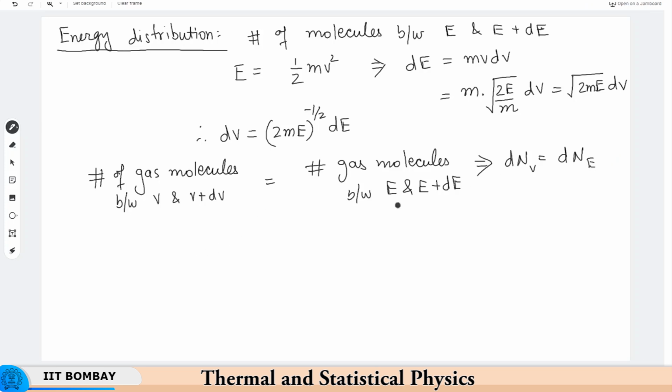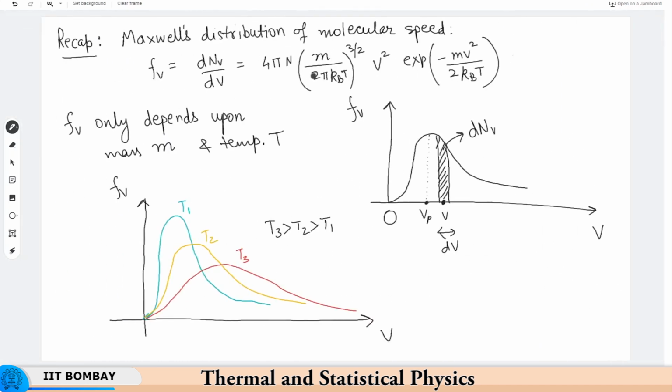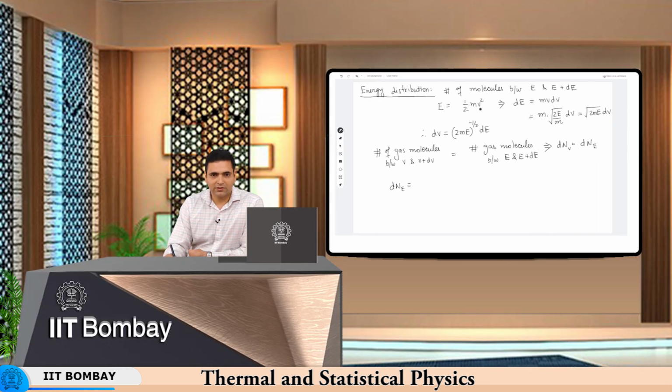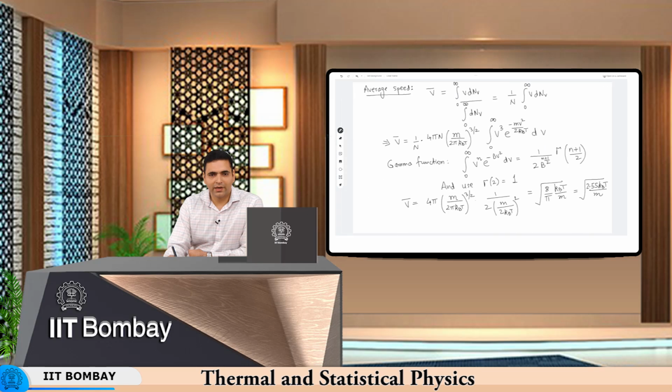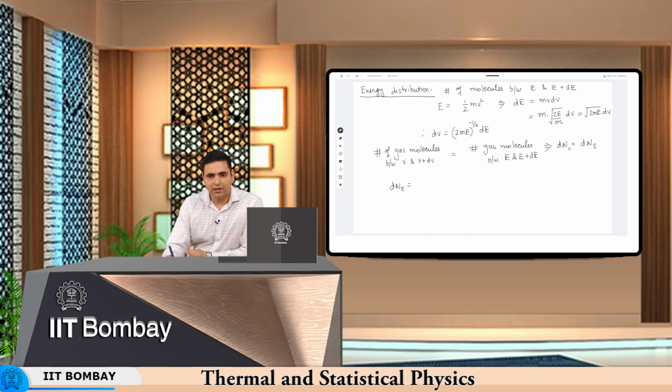So having said that, now we can substitute the value of dV. Therefore, our d of N_E simply becomes... all I am doing here is replacing the velocity or the speed V in terms of E. So V squared simply becomes 2E by m. And similarly, here I replace V squared by 2E by m, and the dV basically becomes 2mE raised to the power minus half dE.